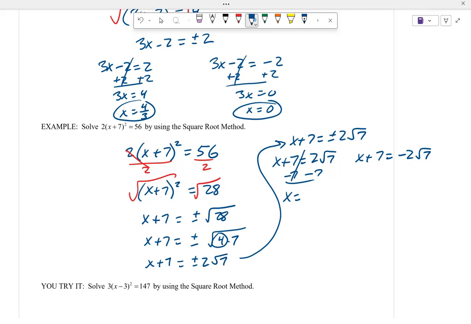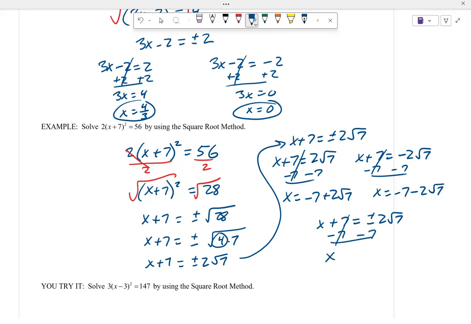So I have negative 7 plus the 2 root 7, and I have negative 7 minus the 2 root 7. So I guess if you want to, you could also just do it this way, where you have negative 7 plus or minus 2 root 7. So just make sure you recognize there are two separate solutions. You can't combine those, those are not like radicals there.